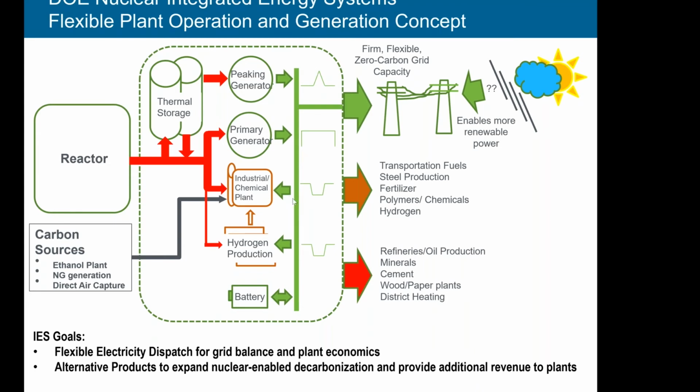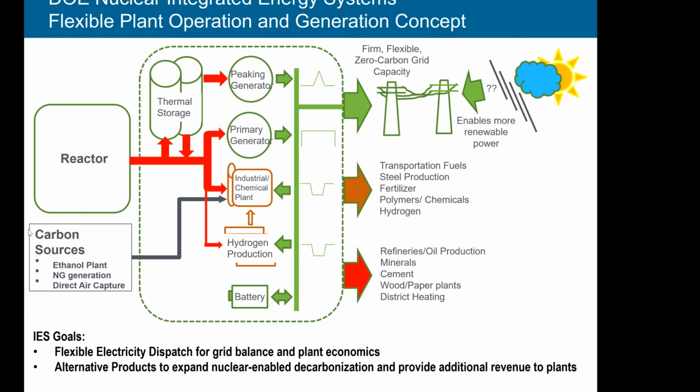And then in the box, we've got an industrial chemical plant, very generic here, that can represent many of the processes to produce chemical products, such as transportation fuels, hydrogen for steel, for instance, fertilizer, polymers, chemicals, or just hydrogen. We call out hydrogen separately because that has been a very important thrust for us in our program.